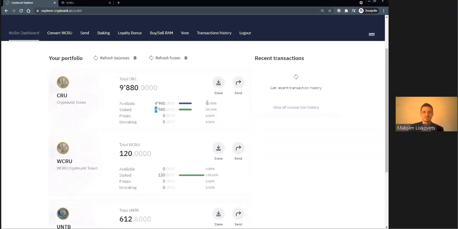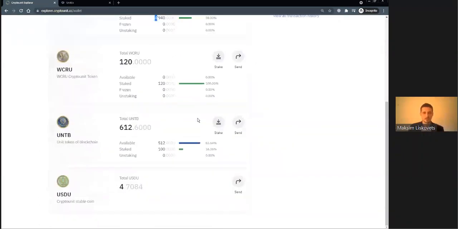So it indicates the number of staked and the percentage, the ratio of these tokens in your wallet. Please note that for UNTB, there is no field frozen because UNTB could not be frozen as such. But for UNTB, there is another field, unstaking. Those UNTBs you unstaked. A bit later, we will come back to it again.